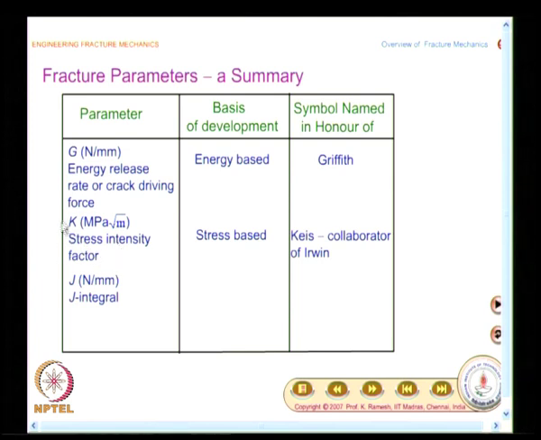The symbol K was given in honor of one of his collaborators, Keyes. If you look at the development, the concept of K was based on stress analysis. And you should also note down that K has a unit of MPa root meter.